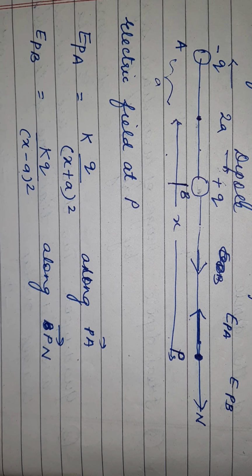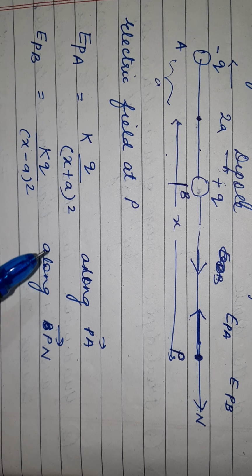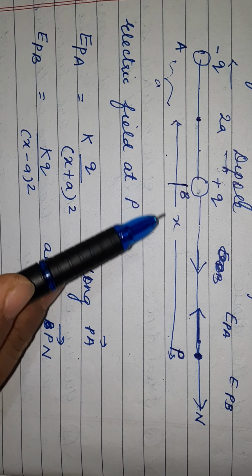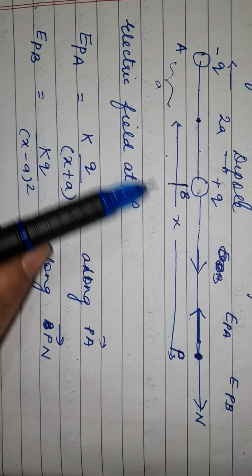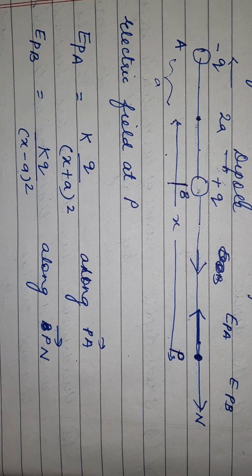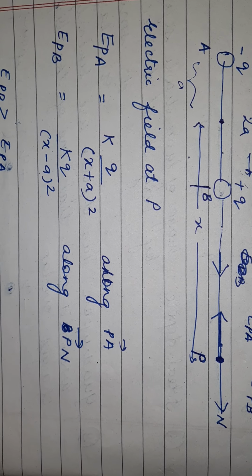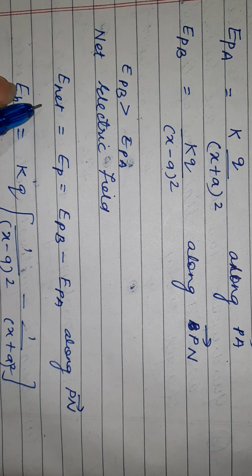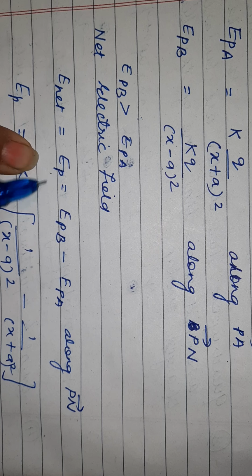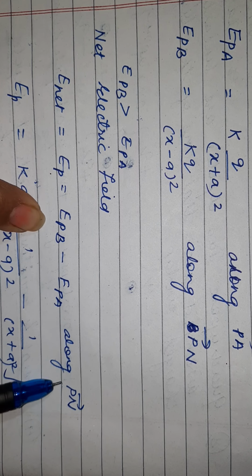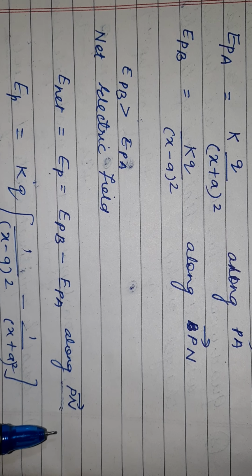Now we know that electric field due to the positive charge will be more than the electric field due to the negative charge. So what will be the net electric field? How will we find it out? E net is equal to EP is equal to EPB minus EPA, and this will be along the PN.